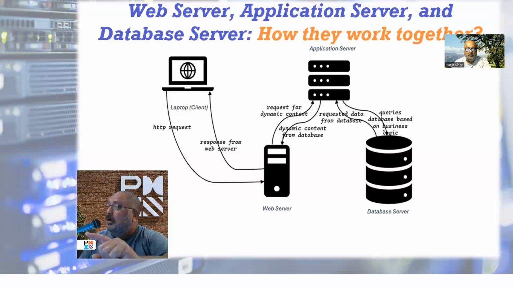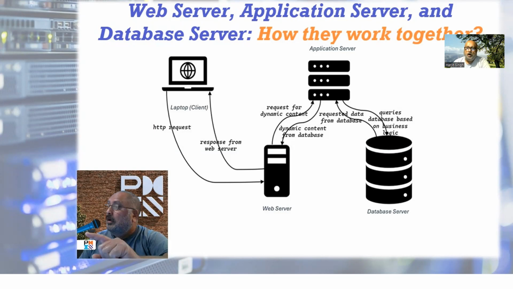This is called a static request for static content, which means something already there on the web server. If the receptionist, or web server, already has the information or the food you're looking for, it will be given to you, and the process stops there.